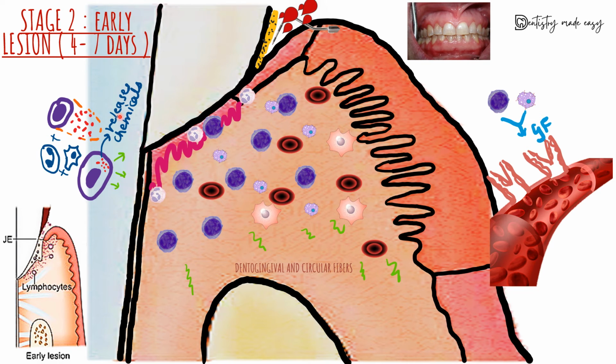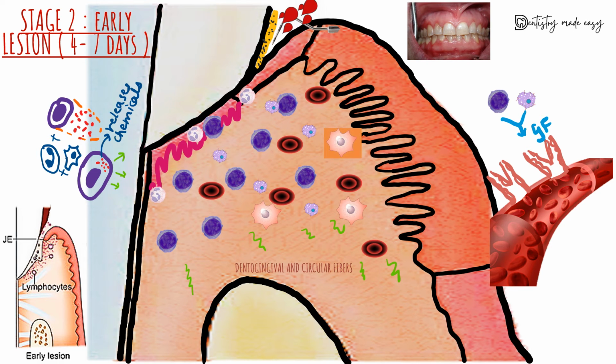As we said earlier, 70% of your collagen fiber is destroyed because of the activity of your inflammatory cells, and as the collagen fibers are destroyed, spaces are created. So the epithelium tries to fill these gaps by forming these finger-like projections known as rete ridges. So this inflammation may trigger the proliferation of the junctional epithelium, which starts to show the development of rete ridges.